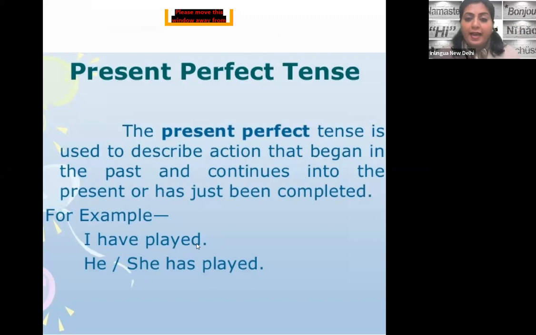If you say I have played cricket, I have played a lot of cricket, does that mean that you stopped playing cricket now? No, it doesn't mean that, but it means we're talking about all the times when you have played cricket.